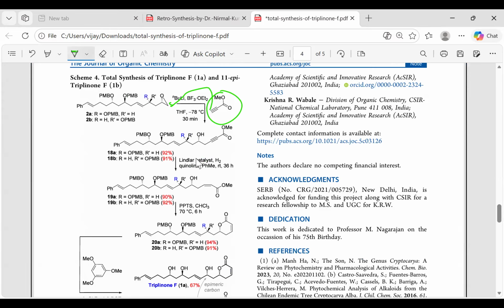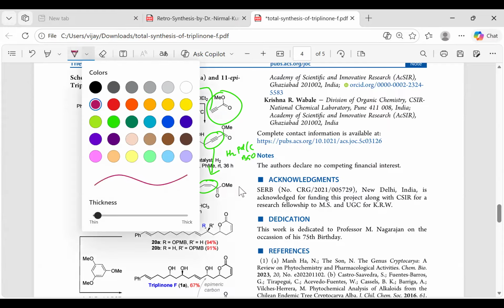If you add the Lindlar catalyst, that is H2, Pd/C supported on barium sulfate or something, you can see the reduction of this bond takes place in a syn fashion. You can see clearly from here to here. I have shown some theoretical examples, but you can see here the practical usage of this syn reduction.